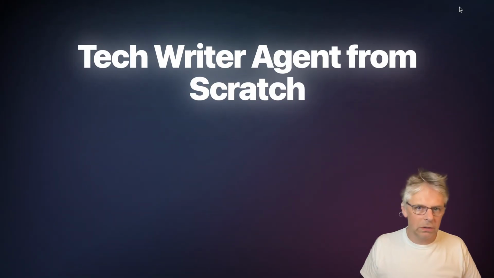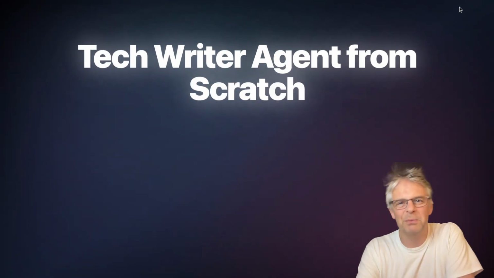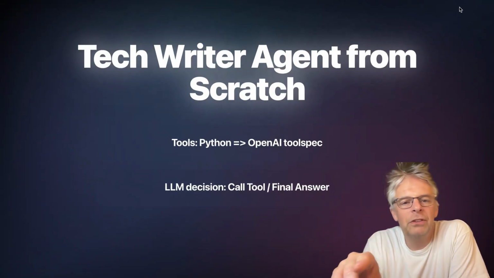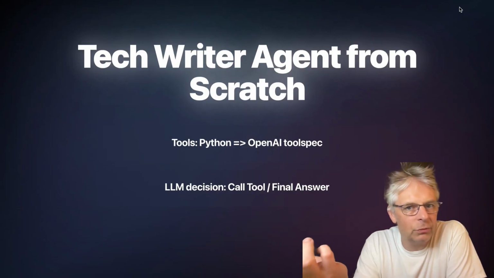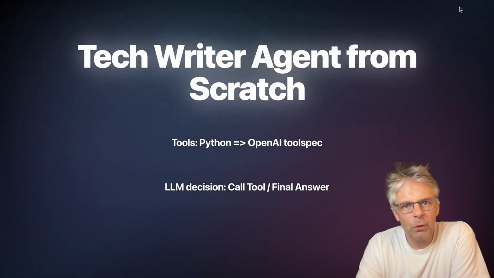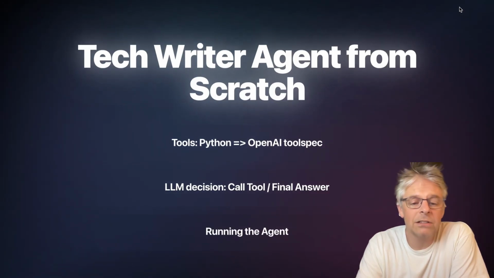Now let's look at the code in a more serious way, a more helpful way than I showed before. We have three pieces. We've got the bit that creates the tools and connects OpenAI's request to do things to Python. We've then got the language model decision piece and then running the agent.